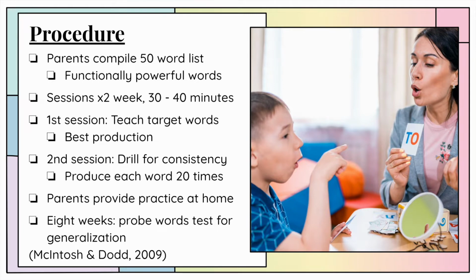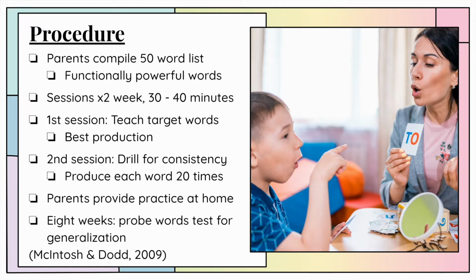The boys were seen twice a week for between 30 and 40 minutes for each session. During the first session of the week, they were taught some of the words from their list. The goal of the first session was really to establish saying the words consistently with the best possible production. And this is really important here because this did not mean that the word had to be said perfectly in its adult form, but that the production was reasonable and age appropriate for the child.